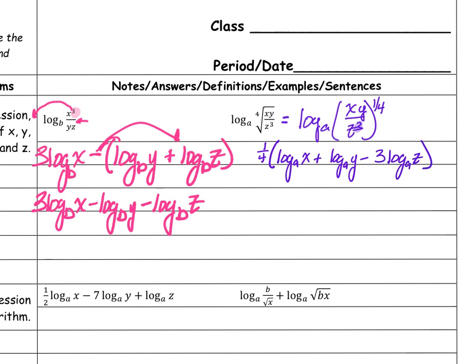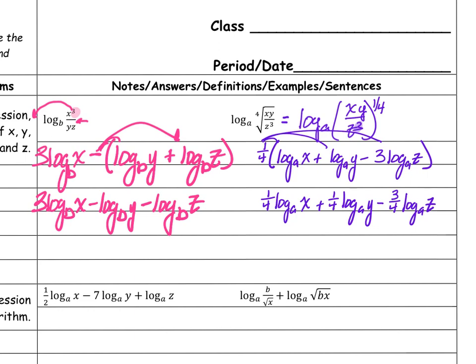Now I have to simplify it, so I'm going to distribute the 1/4 through. I have 1/4 log base a of x plus 1/4 log base a of y. Oh, I'm doing horrible on this one, you guys, I'm so sorry. Minus 3/4 log base a of z.